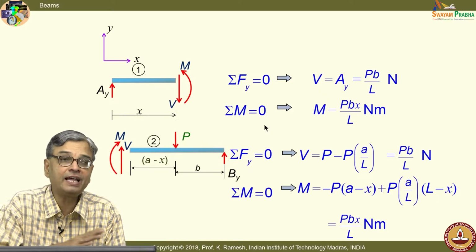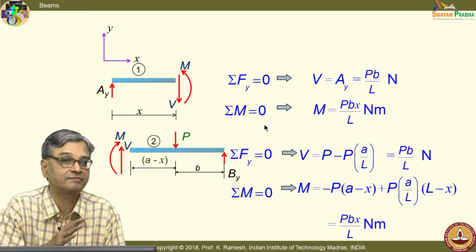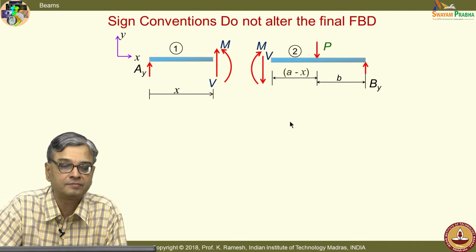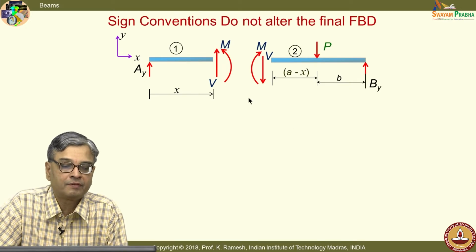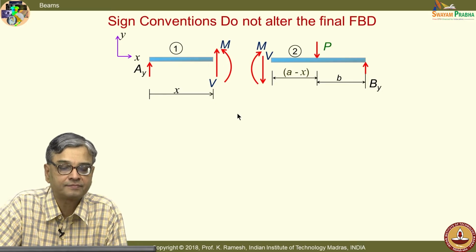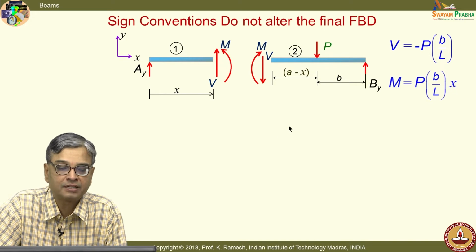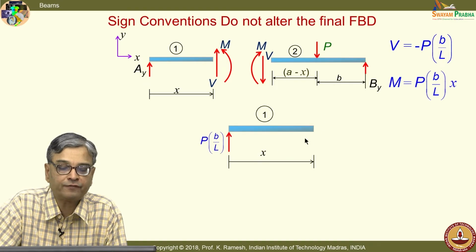Now, let me compare these two sign conventions for clarity. First, let me take the sign convention by Crandall and Dahl, and I have V as minus PB by L and M as PBx by L. If I apply this and indicate the final free body, how would I put the forces?